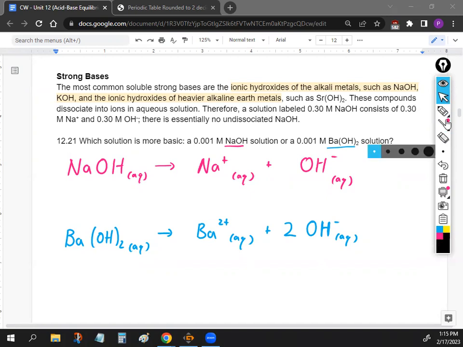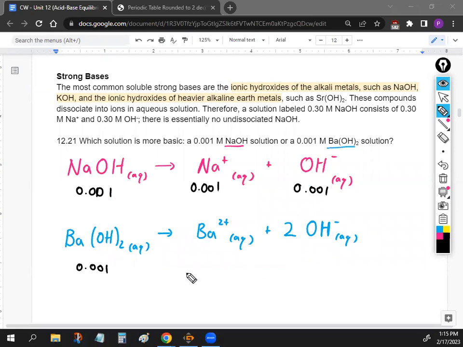So, based on this, we can look at the mole ratio to figure out a couple things. Both of these strong bases have a concentration of 0.001 molarity. For sodium hydroxide, it's a 1-to-1-to-1 ratio, so that carries over to the sodium and the hydroxide.